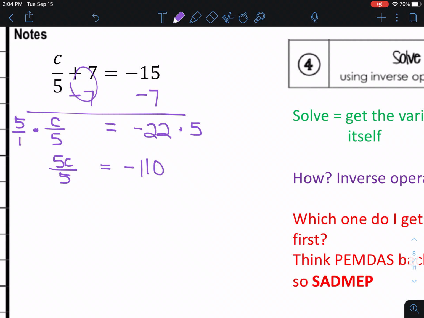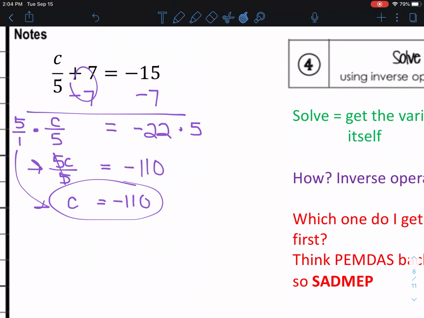So 5 over 5 is just 1, so C equals negative 110. A lot of people might skip this step right here and just go right down to this step. Okay? So whatever you're most comfortable with. If you go from here to here, that's fine.